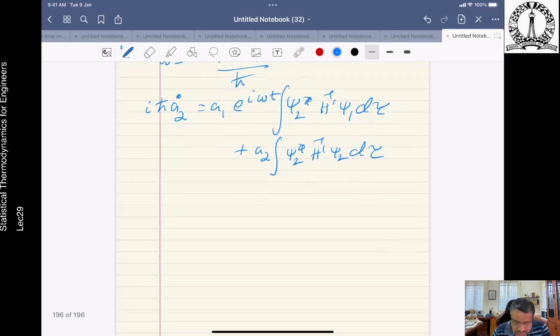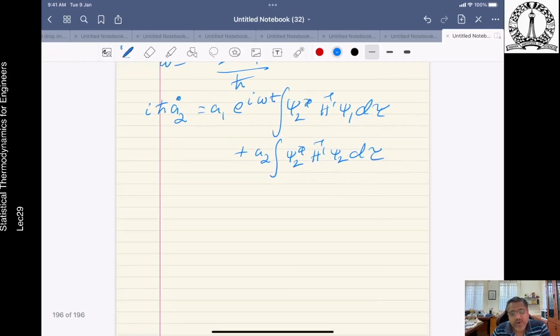So this is the total analysis that you get. According to our perturbation analysis, states 1 and 2 will differ little from their initial populations.